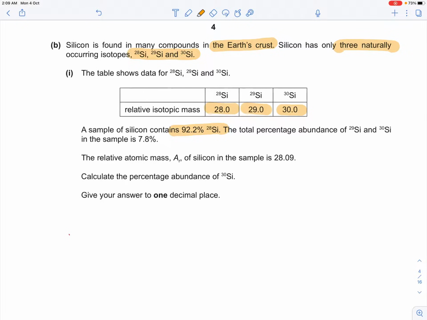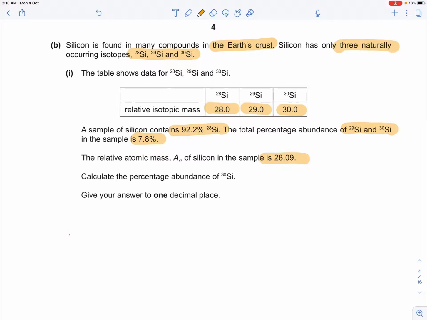So Si-28 has a relative abundance of 92.2%. The total percentage abundance of 29 and 30 in the sample is 7.8%. The relative atomic mass of the silicon in the sample is 28.09.